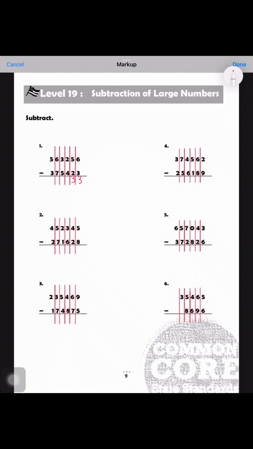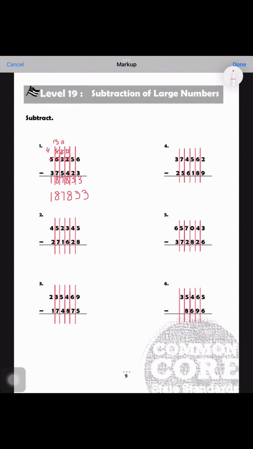So 200 is not enough to minus 400, so we regroup 1,000 to 10 hundreds. It becomes 1,200 minus 400, so the answer is 800. 2 is not enough to minus 5, so we regroup 10,000 to 10 thousands. It becomes 12,000 minus 5,000, so the answer is 7,000. So we regroup 100,000 to 10 ten thousands, and after subtraction it is 8,000. The final answer will be 87,833.